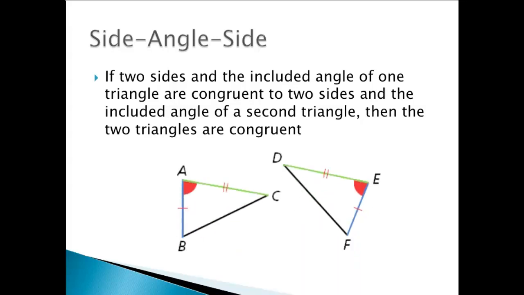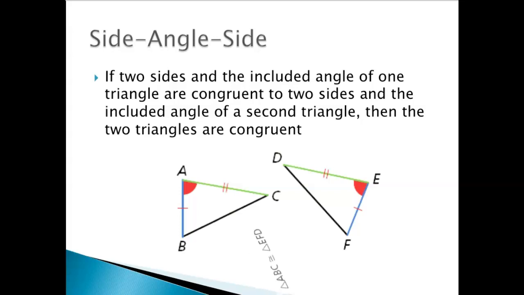Here's an example. You can see here, angle A is the included angle because it is the one that's formed by the blue and the green sides of the triangle. Same with angle E. It's the one that's formed by the blue and the green sides of the triangle. Given those two sides and the included angle, we can use the shortcut way and say that these two triangles are congruent.